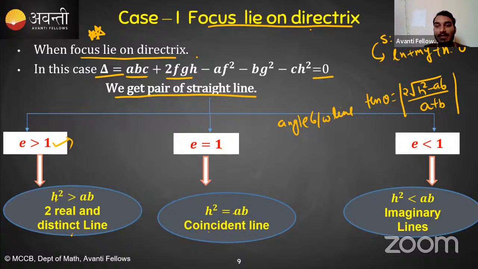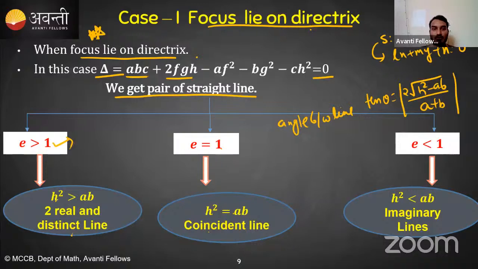So the same thing we can say on the basis of E, the ratio: if the focus lies on the directrix, then delta is 0 and we get a pair of straight lines. Then what kind of straight lines will depend on the ratio of the distance of the point from the focus upon its distance from the line.